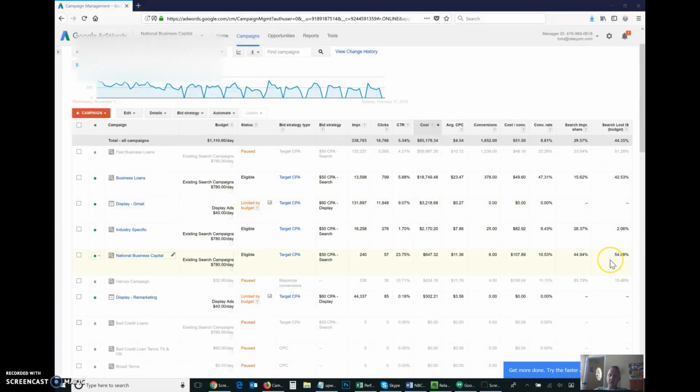Typically, when we see that, we think the cost per lead is too high. In this case, you've got 42% lost impression share to budget. So theoretically, you could lower the cost per click, get more clicks within your daily budget, and if your conversion rate stays the same, you should get a lower cost per conversion. So we bid that way.